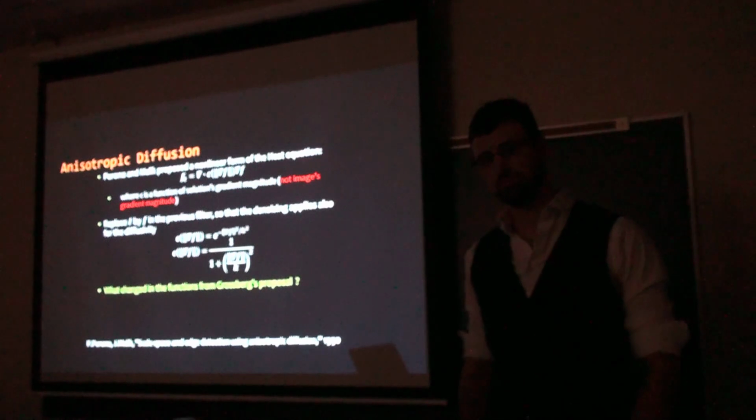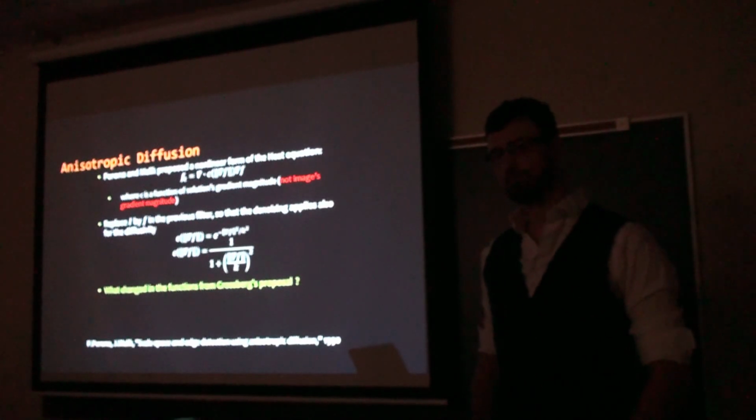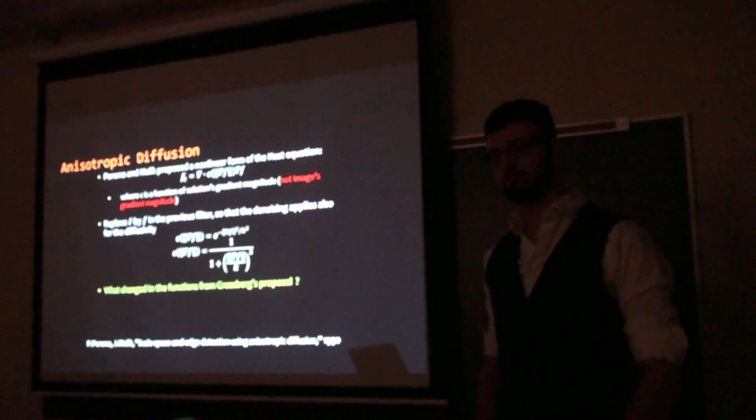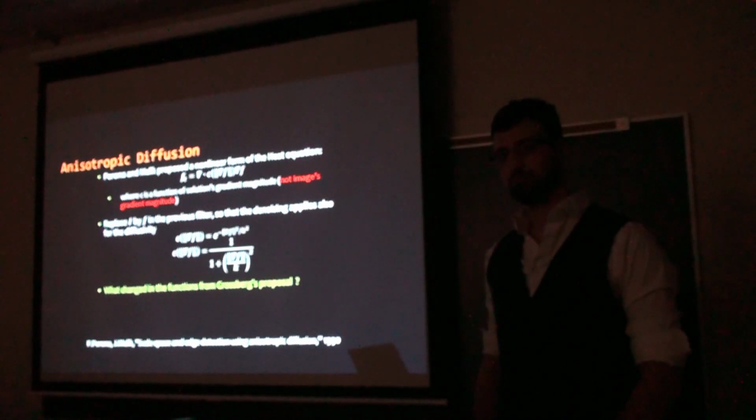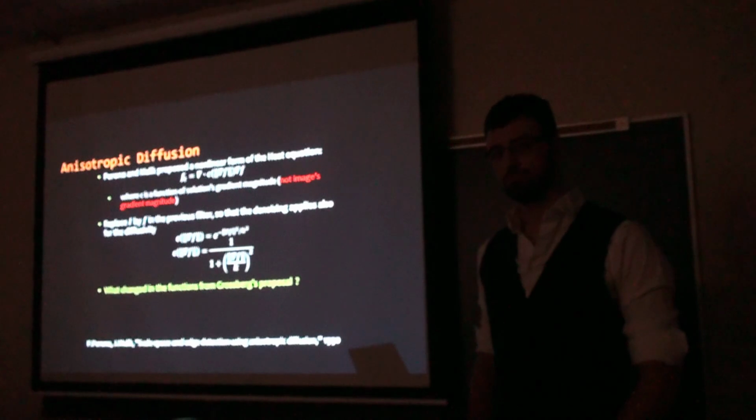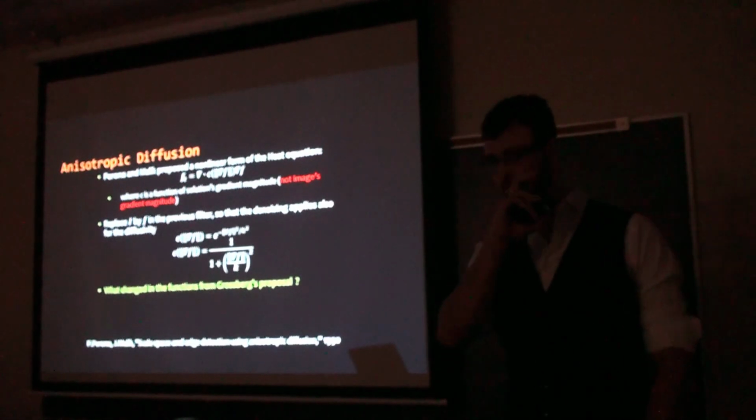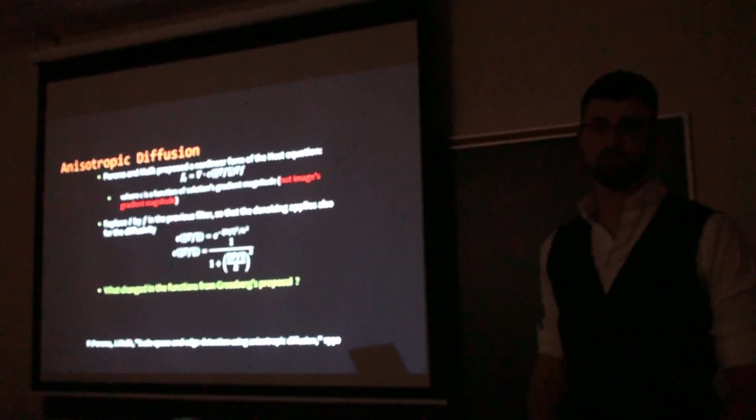Now, one of the first ideas that they have is to replace that gradient of I by the gradient of the iterations that I have right now, which means recomputing the gradient magnitude every single iteration, which is naturally computationally more expensive.